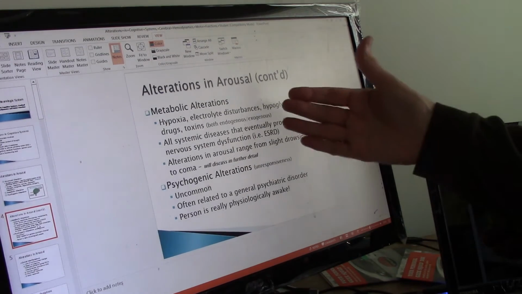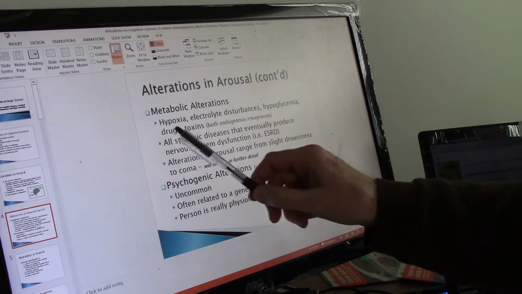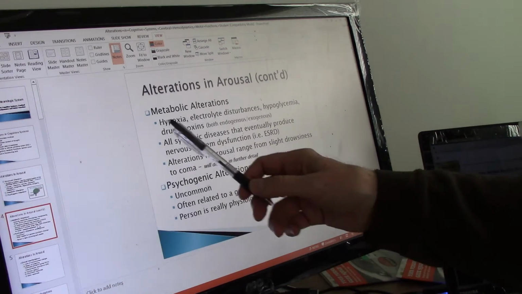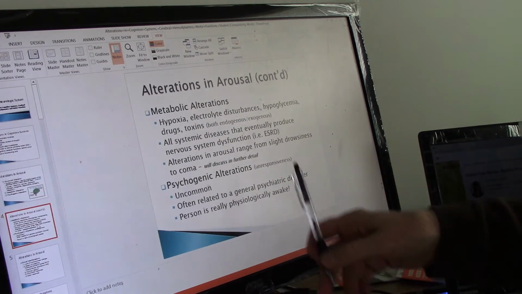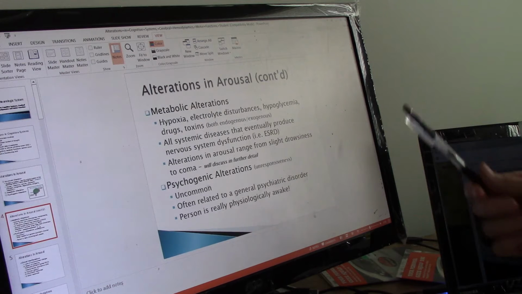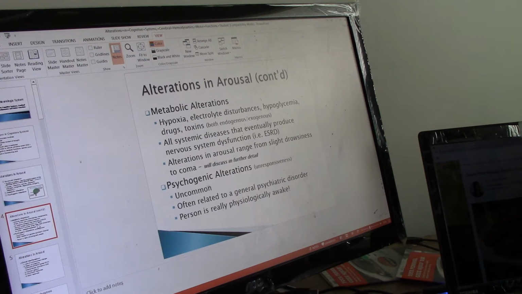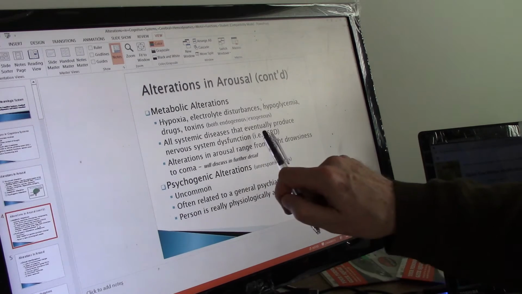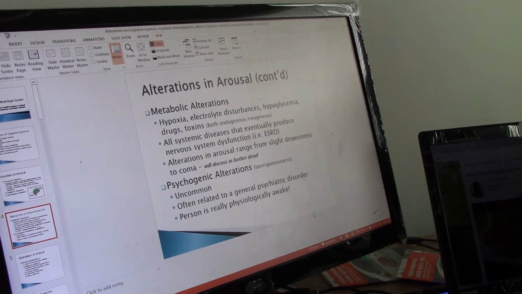Okay, now this is just some more details about some of the changes in metabolism. We've talked about those. Hypoxia, obviously shortage of oxygen. Electrolyte disturbances, that could be a change in sodium, potassium, calcium, any of those key electrolytes involved in action potentials. Hypoglycemia, which would be low blood glucose, and so on and so forth. And also notice that the origin of the problem doesn't necessarily have to be in the nervous system.